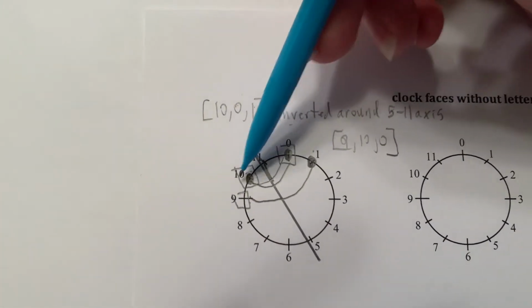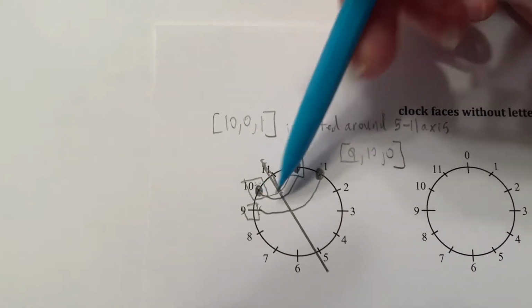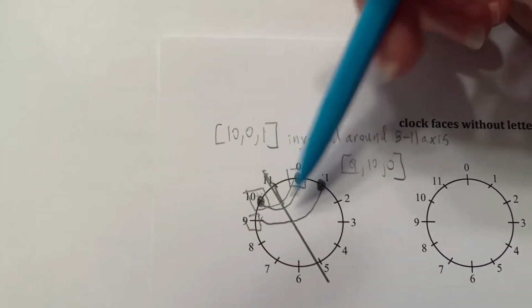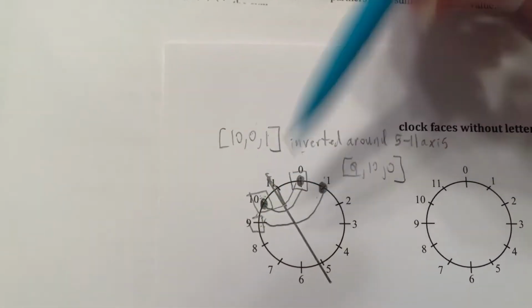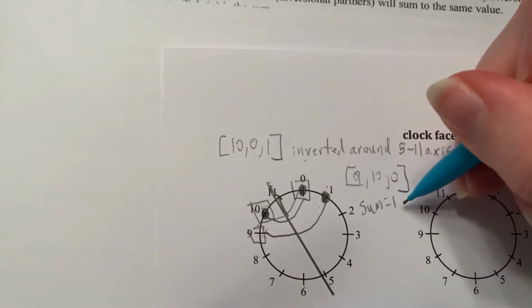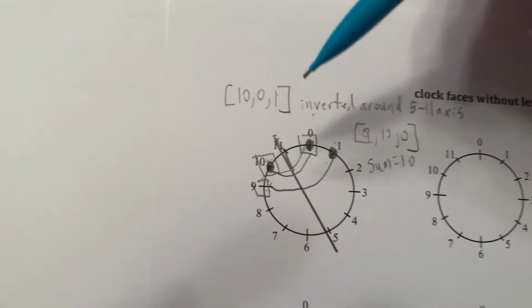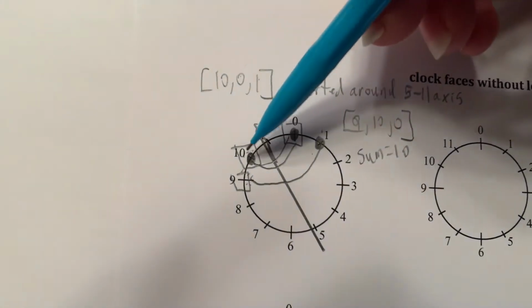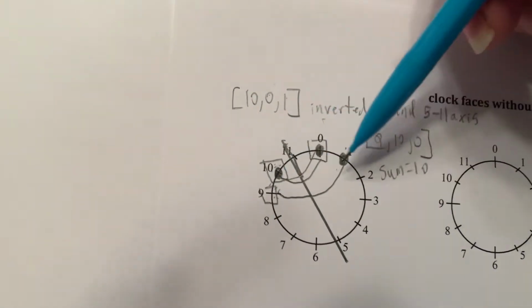So 10 and 0, those were inversional partners in this one, and 9 and 1, those were inversional partners. Notice that the integers of those pitch classes happen to sum to the same value. Here the sum is 10. It's just a mathematical convenience, actually, and kind of a useful thing for labeling, that if I sum together the pitch classes of inversional partners, they happen to be the same thing.